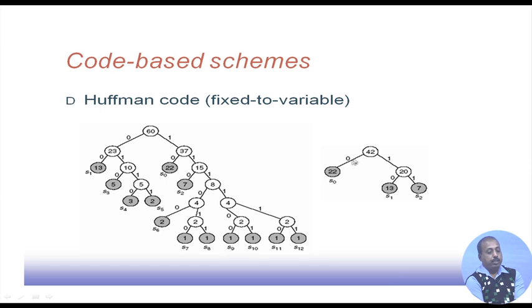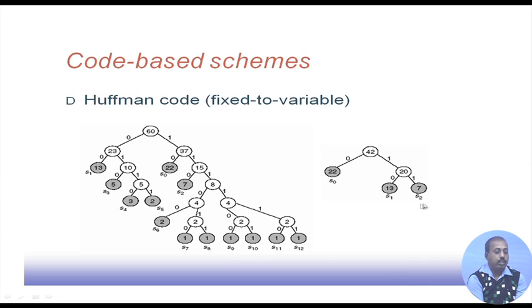Now, the code of S0 is given by 0, so only 1 bit coding is sufficient for S0. Previously S0 required 2 bit coding, 1 and 0, now it requires only 1 bit. Of course, one extra bit is needed, which identifies that it is a code, not the pattern.